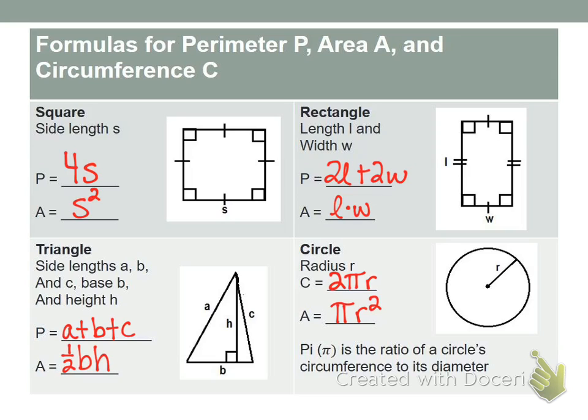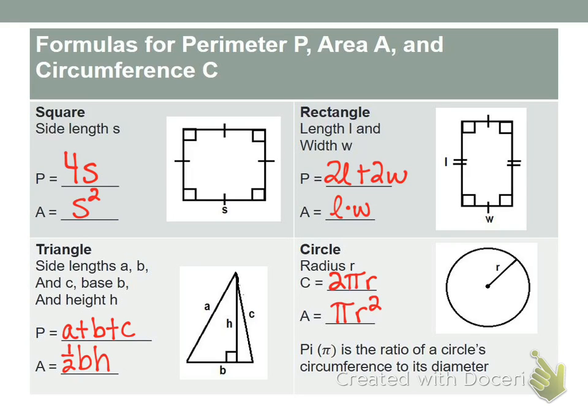Okay, those formulas look very similar, but they are very different. Circumference, for those of us that are unsure, is like the perimeter of a circle. But there's no length for us to add up, the circumference is the outer edge of the circle.